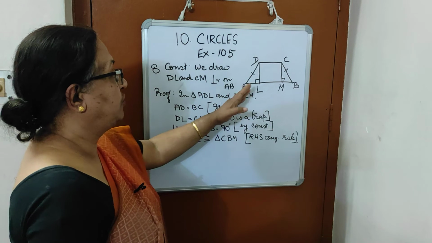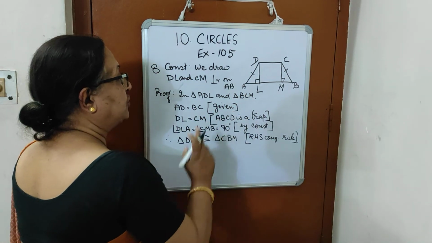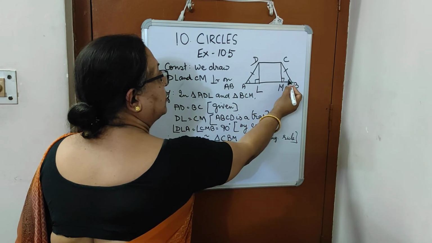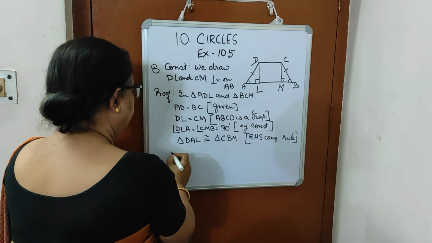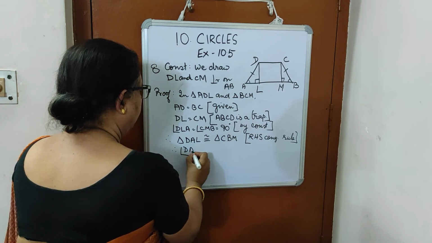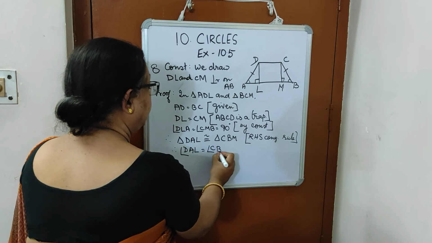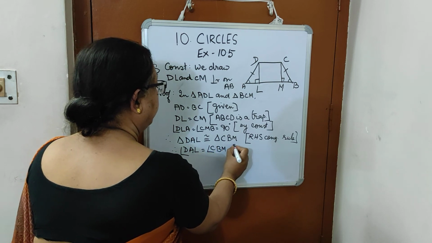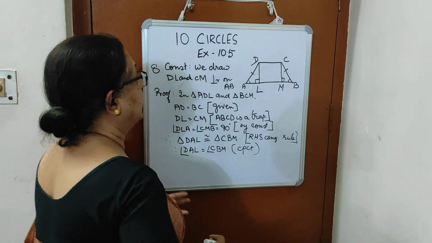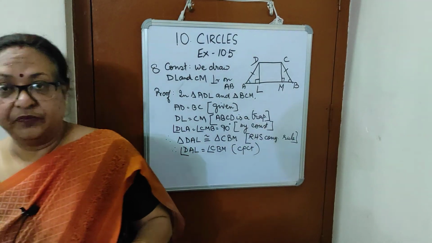Now if the two triangles are congruent, their parts are equal, so we can write this angle is equal to this angle. So therefore we have angle DAL equal to angle CBM, CPCT, corresponding parts of congruent triangles. Now we have up to this.